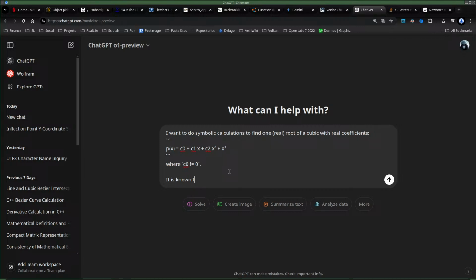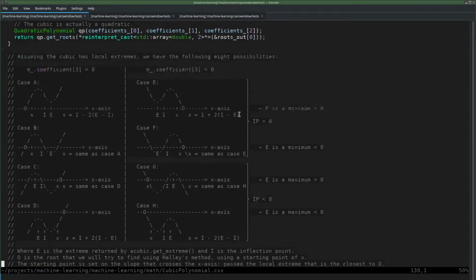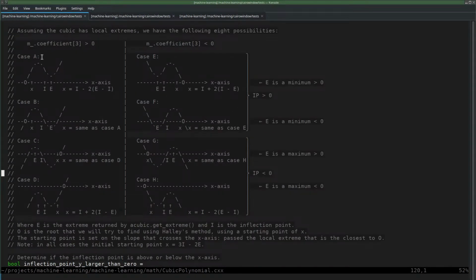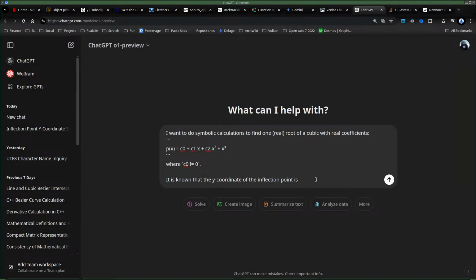It is known that the y coordinate of the inflection point is, because we pick this, so the y coordinate of the inflection point is above the x-axis, is positive.